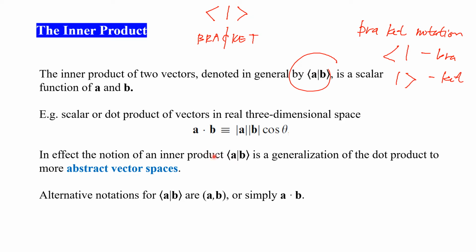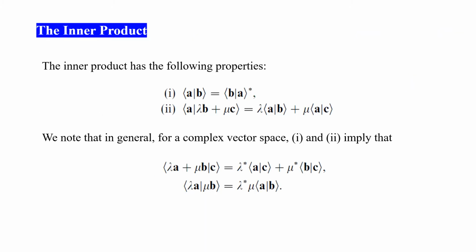Alternate notations for your inner product: you have the inner product of A, B, or the bra A ket B, or your parenthesis A, B, or simply your A dot B. The inner product has the following properties.